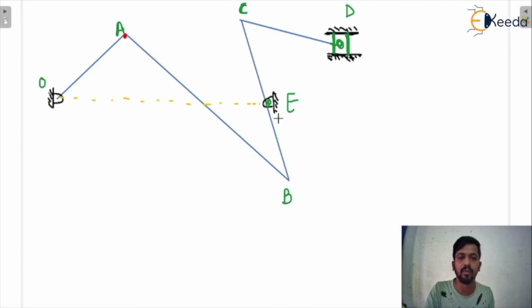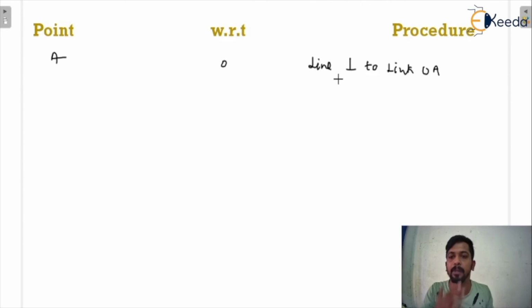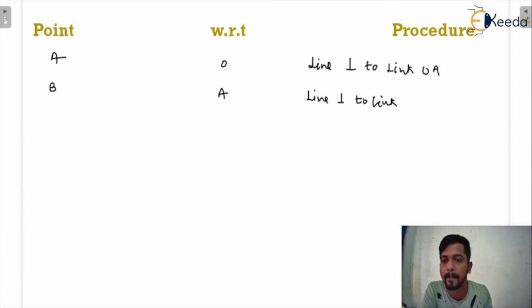So if you want to draw the velocity diagram of this mechanism, you must follow the procedure. If I want to draw the velocity of link OA, that would be a line perpendicular to the link OA. If I want to draw the velocity at point B with respect to A, you have to draw a line perpendicular to link AB.